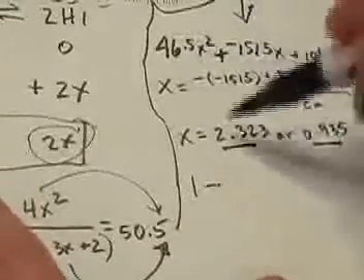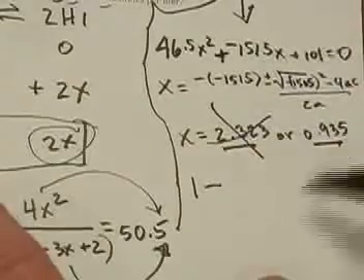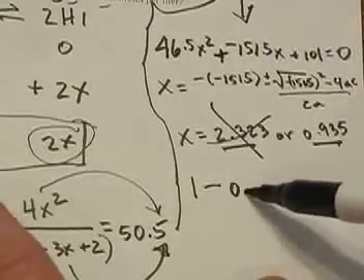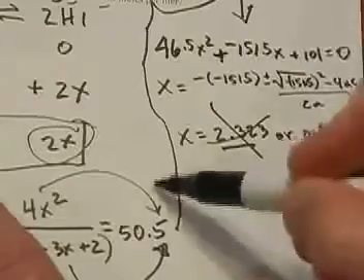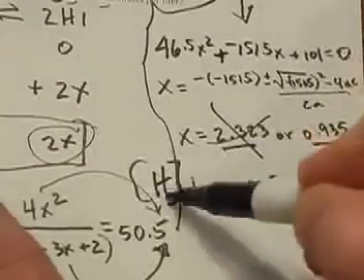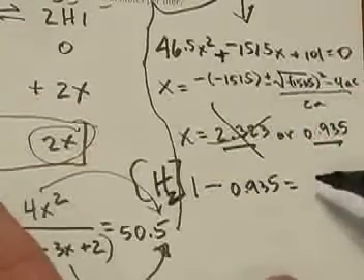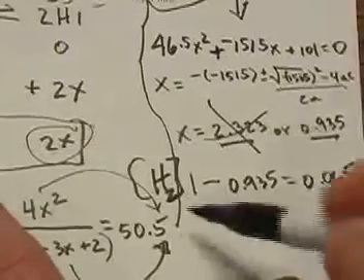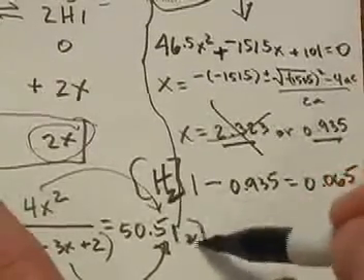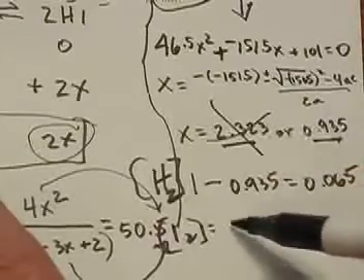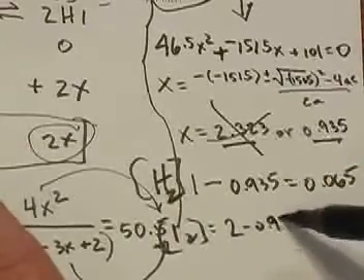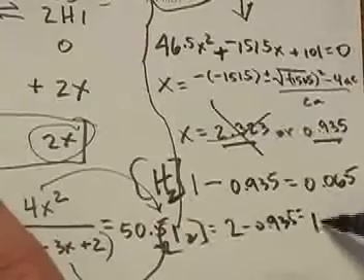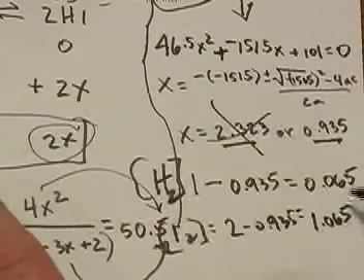So you throw out this solution, and it turns out that you take 1 minus 0.935 for the hydrogen, and that turns out to be a concentration of 0.065. For the iodine, I2, you end up with 2 minus 0.935, which turns out to be 1.065.